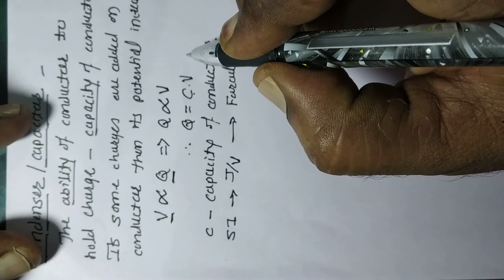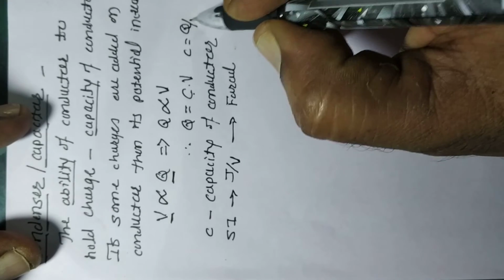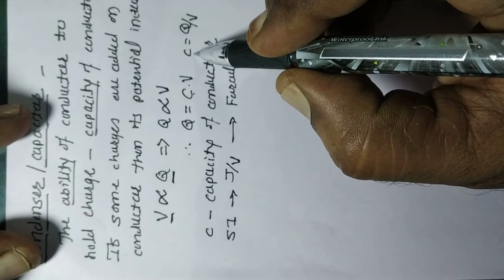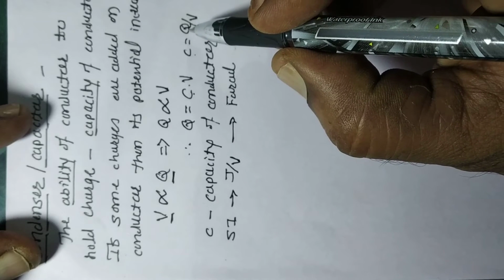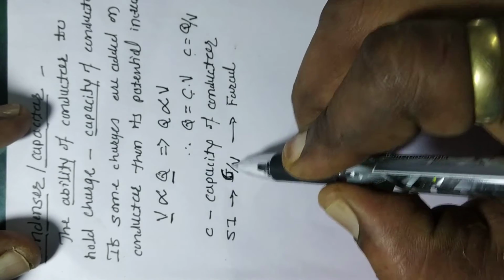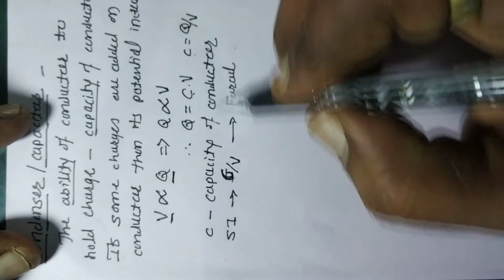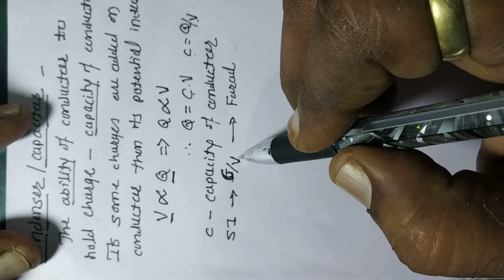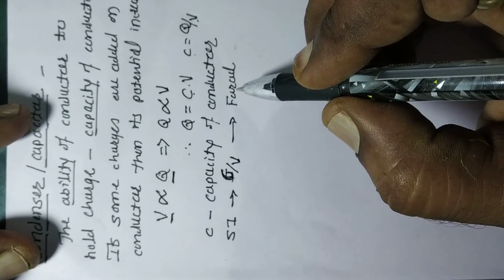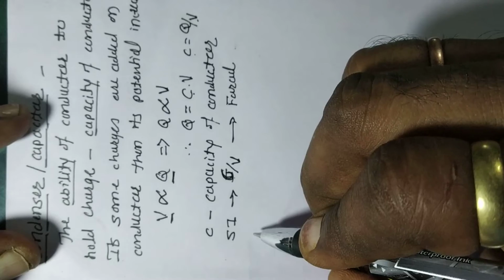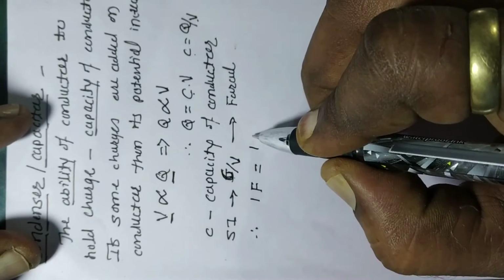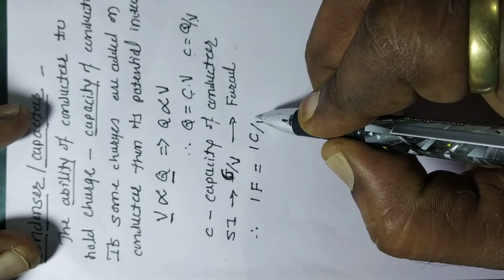Actually, C is equal to Q divided by V, and therefore SI unit of capacity of condenser: SI unit of charge is Coulomb, potential is volt, which means Coulomb per volt.